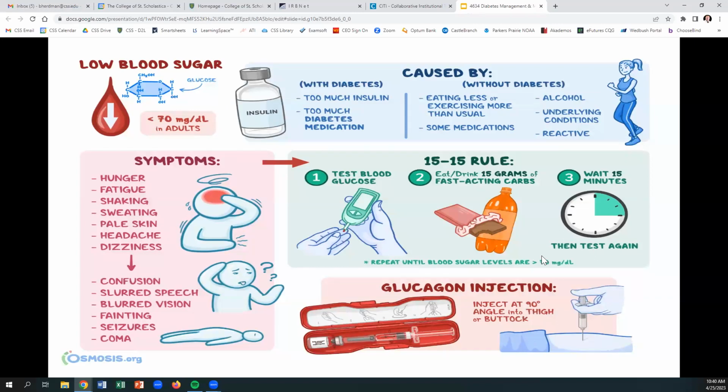And let's just up the ante and say they don't have an IV access, right? Or they pulled their access out. This is another way to be able to correct that low blood sugar quickly. It's not going to be as fast as an IV correction, but it's going to be faster than an oral correction, and that's called glucagon.